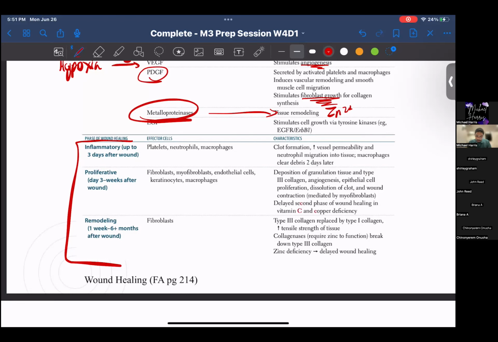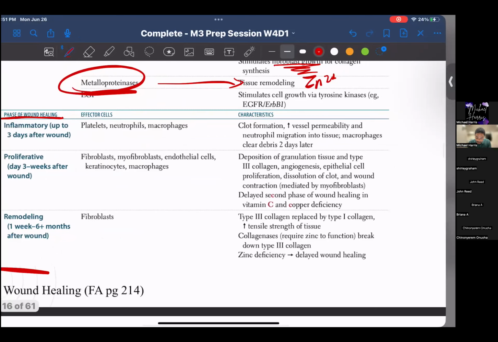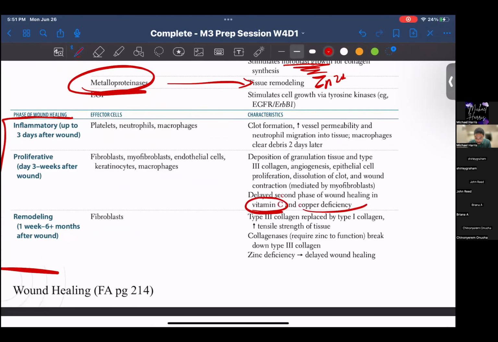Okay. Once again, you can see here vitamin C. And then there's copper, because just like your fellow student was talking about, copper is also really needed for what enzyme? Vitamin C is this hydroxylase, is a very given. But what about copper? Copper is needed for which enzyme in the collagen pathway?